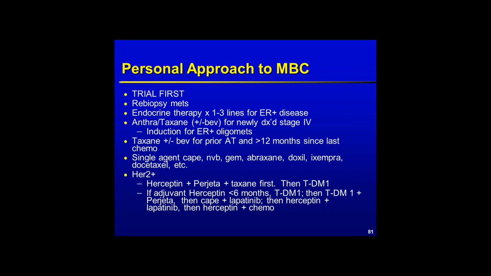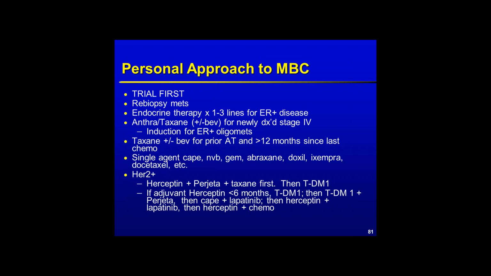If a patient is one of the 3/4 of patients that has ER positive disease, I will start with endocrine therapy. Frequently, we can get up to 3 lines of endocrine therapy in a couple of years of giving treatment that is relatively non-toxic before we have to move to chemotherapy in those patients.